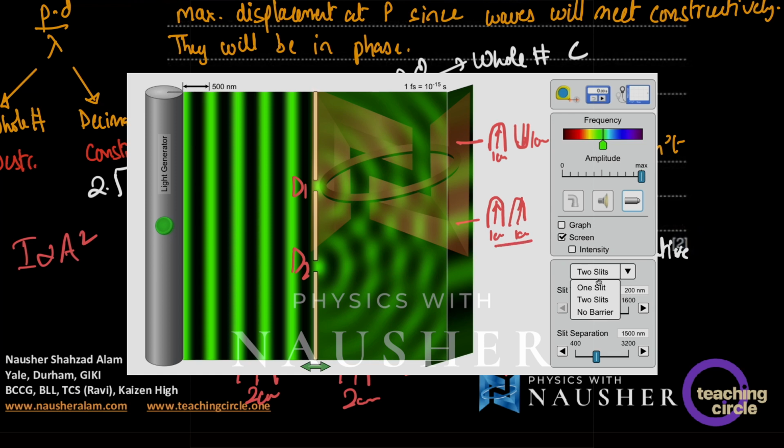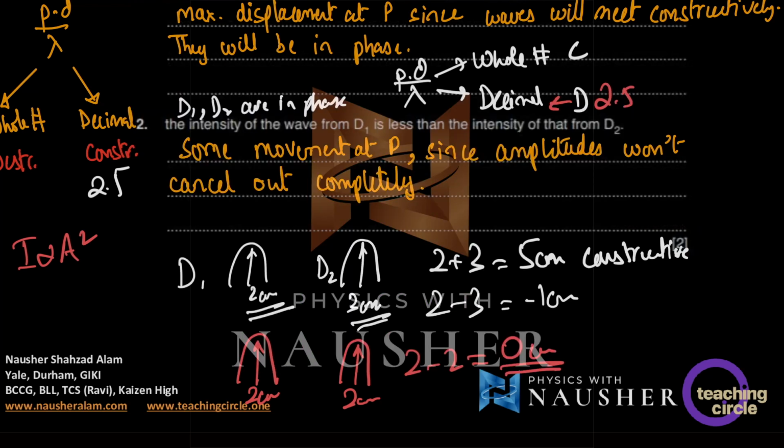So remember that if you want to see complete darkness, the amplitudes have to be the same and they have to be 180 degree apart. If you want to see completely bright fringe, then both the amplitudes must be in the same direction. So coming back here, when path difference to lambda ratio is a whole number and it's constructive, then D1 and D2 are both pointing in the same direction.